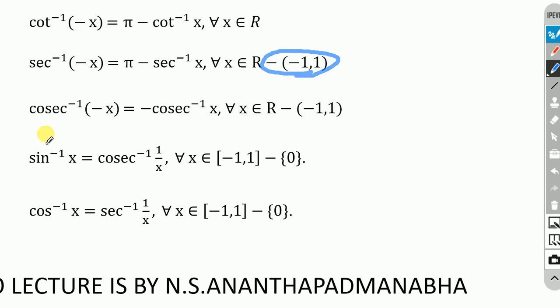Cosecant inverse of -x is -cosecant inverse x for all x belonging to R minus the open interval -1 to 1.